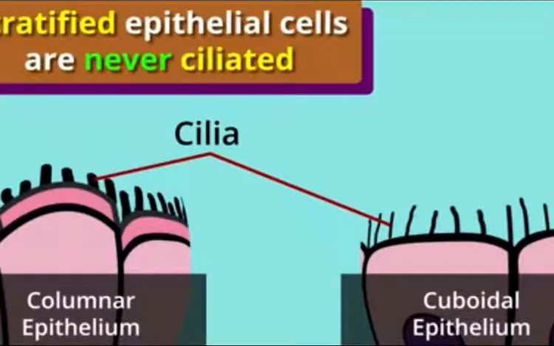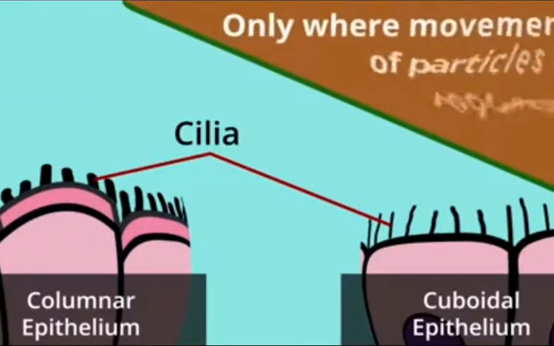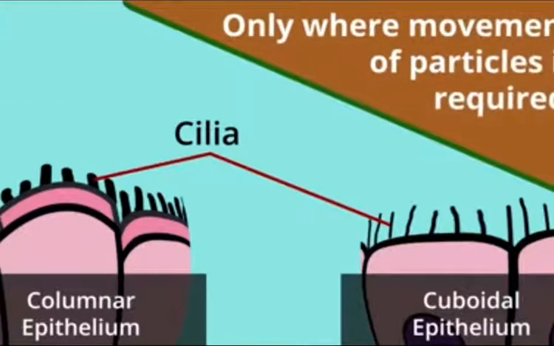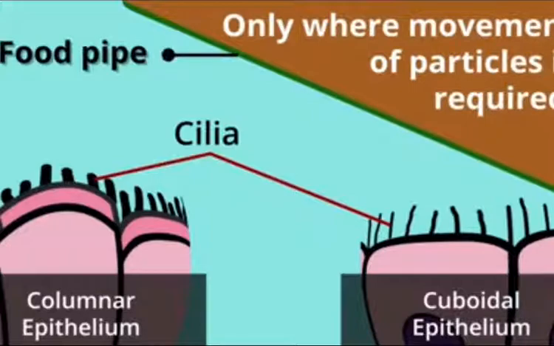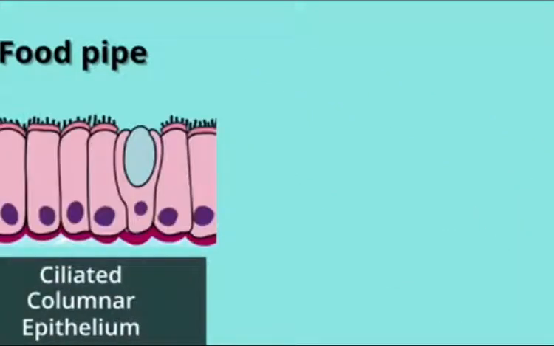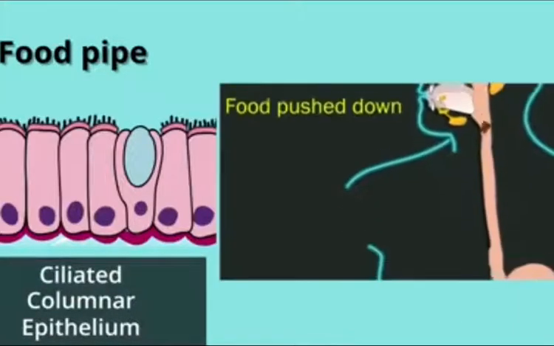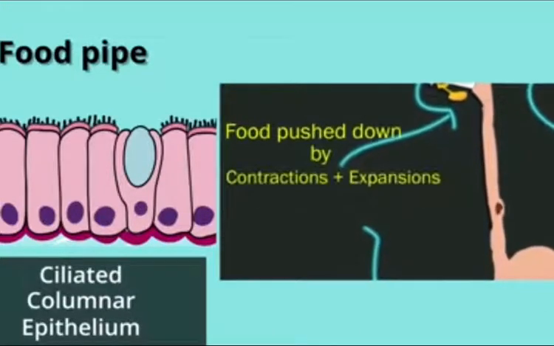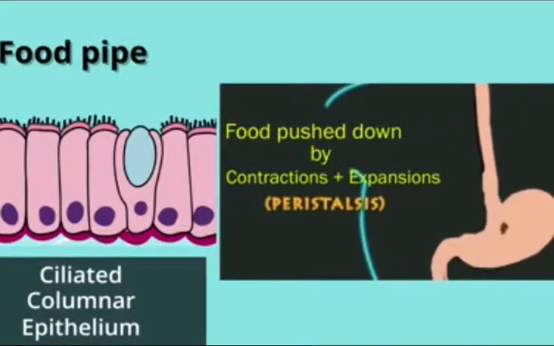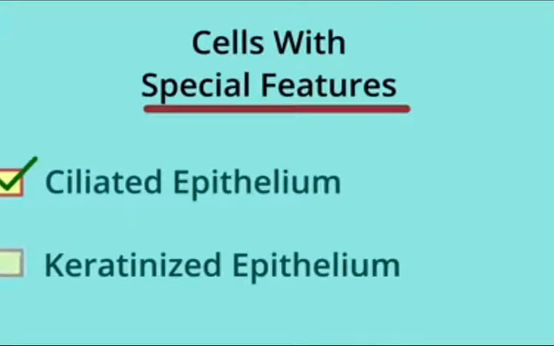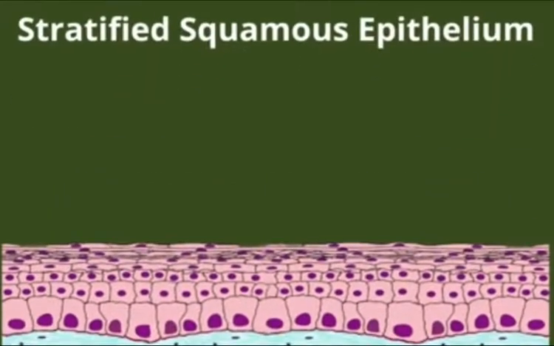So not all epithelial cells have cilia. Only where the movement of particles is required do we find them, like the food pipe. Because the food pipe pushes the food down by contraction and relaxation, peristalsis. So you find it there.